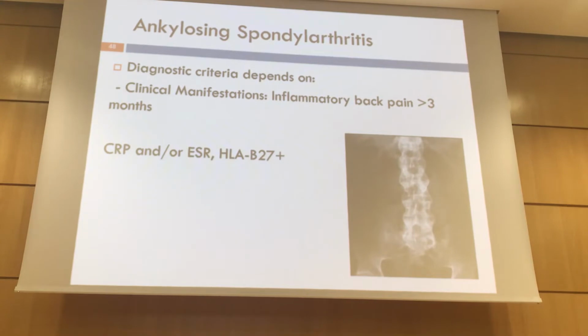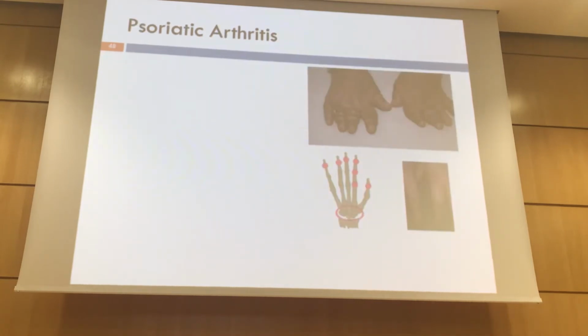Again, for diagnosis, it's a clinical diagnosis. You can do the HLA, most of the time it will be positive. And we do the inflammatory markers, which could be raised, like ESR, CRP. Okay, how do you treat, by the way, ankylosing spondylitis?